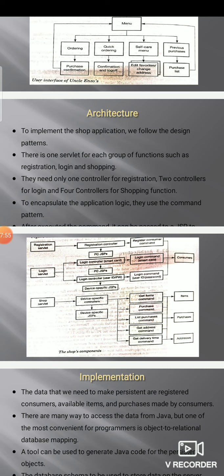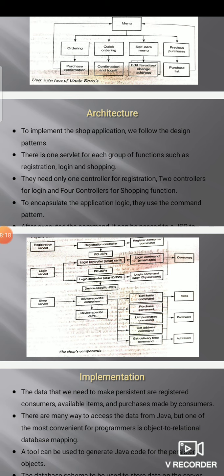A tool can be used to generate Java code for the persistence objects, and the database scheme used to store the data for these objects. And also we have the code that connects the Java objects with the back end of the database.